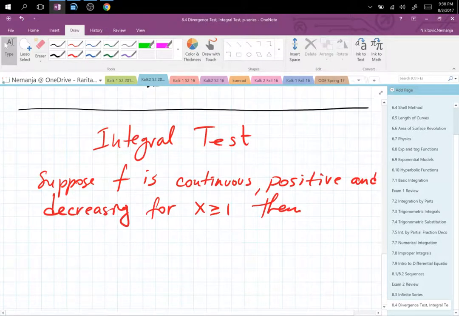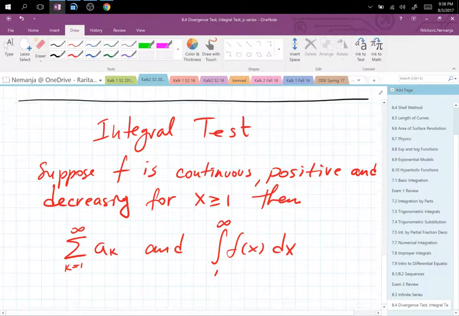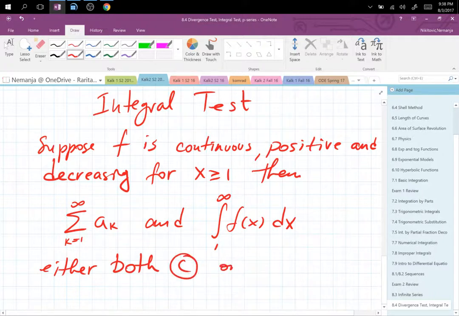Then summation a_k, k goes from 1 to infinity, and integral 1 to infinity f of x dx either both converge or both diverge. There's your integral test.